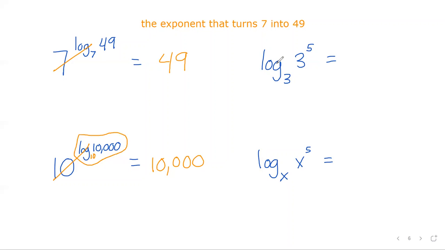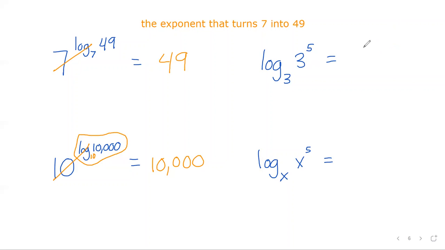It works the other way around too. So here we had like 7 to the log base 7. We're going to do this the other way. We're going to have, in this case, log base 3 of 3 to the something. All right, what is this asking? Well, if we kind of use the same format we had before, like log base 3, let's say we had log base 3 of 9, that's saying what exponent turns 3 into 9?